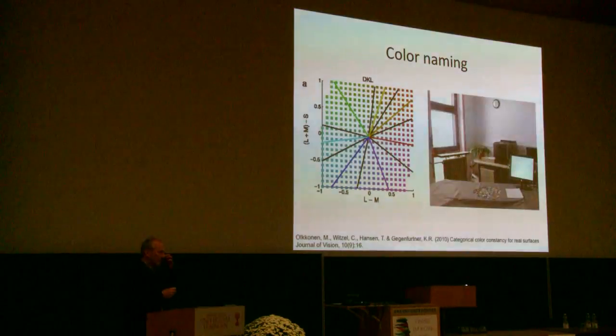Usually observers would put the red ones into a bin and the blue ones into a bin, and then we could measure for each observer the categories and the boundaries between them by looking at these bins. We had them do the task under different illuminants by putting differently colored filters there, and then we expressed the degree of color constancy by checking how often they put the same two chips into the same bin.